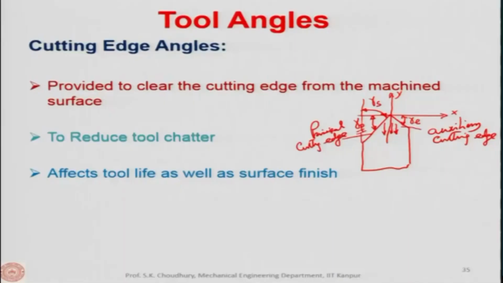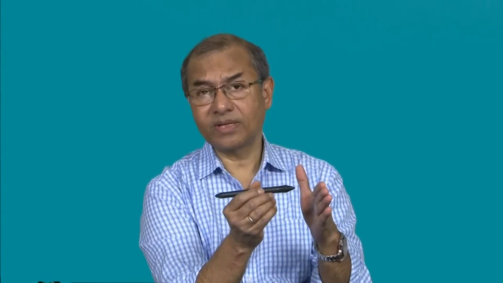These forces increase. Once it comes back to the contact point, again it will try to retract because the cutting edge angles are not appropriate. Therefore, there will be a vibration, and that vibration is a self excited vibration. So, it is called the chatter.